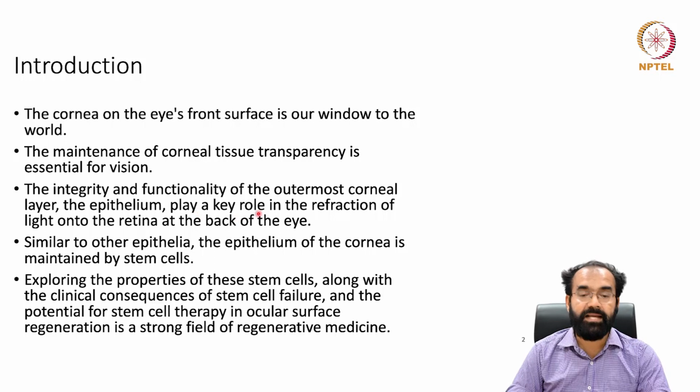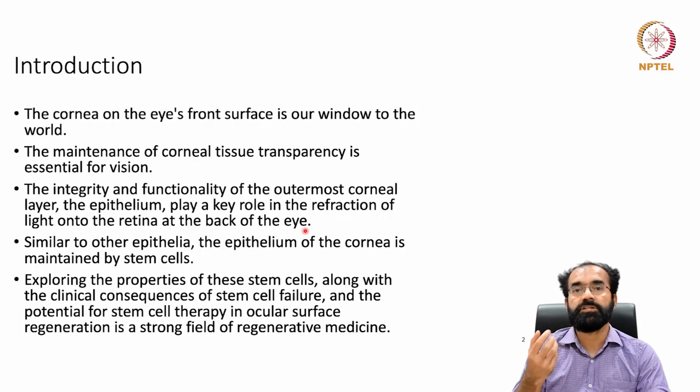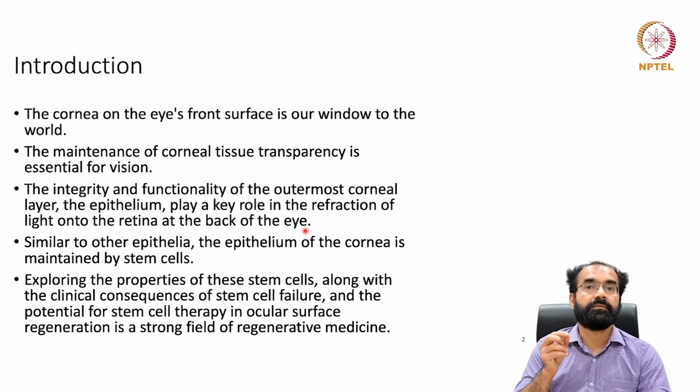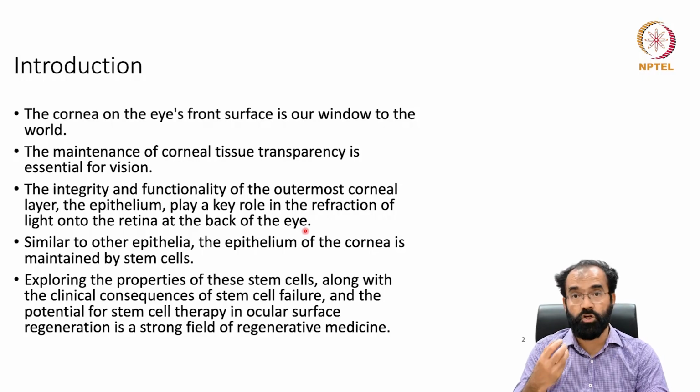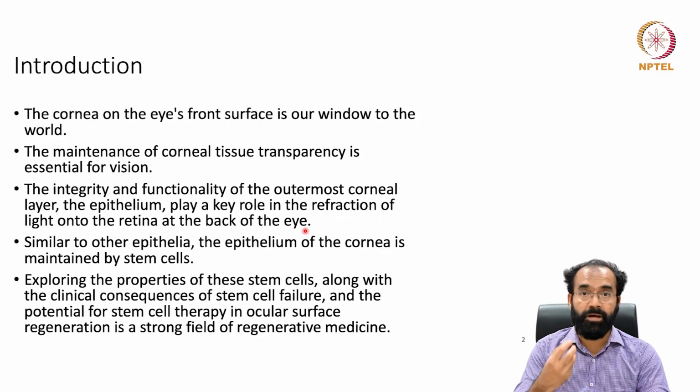So the integrity and the functionality of the outermost corneal layer, that is the epithelium, play a key role in the refraction of the light onto the retina at the back of the eye. The thickness of the cornea can vary. For people who use a lot of gadgets, the cornea can get thicker and thicker, because of which it will act like a lens, which is the cause of short sight, or myopia.